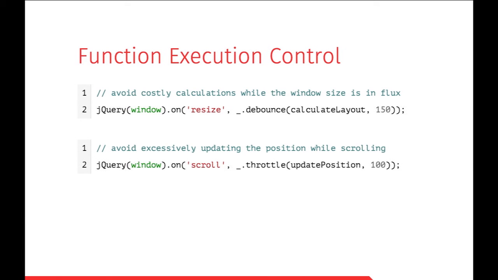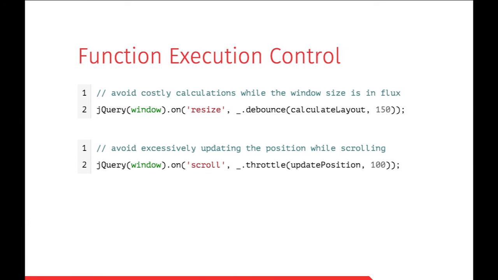And we have also throttle. It's useful for scroll events. Throttle will run the update position function every 100 milliseconds, at least once. So it dumps most of the scroll events, and fires stably within 100 milliseconds.